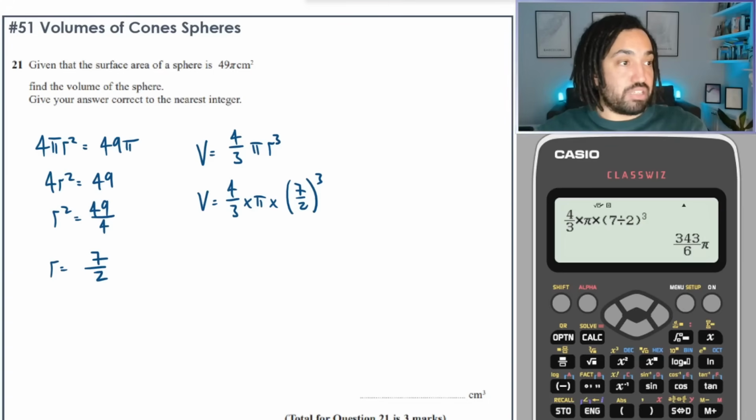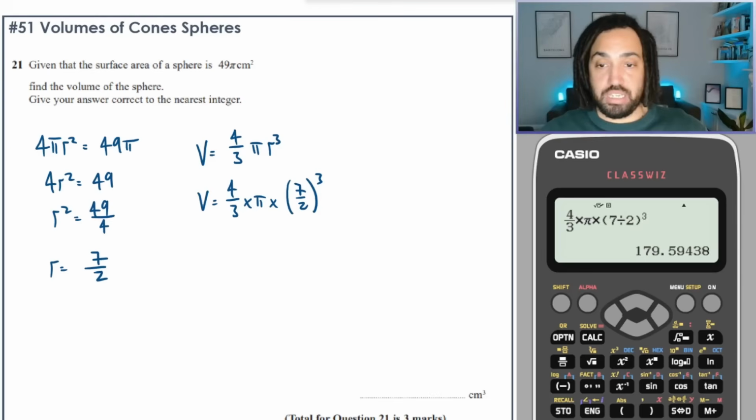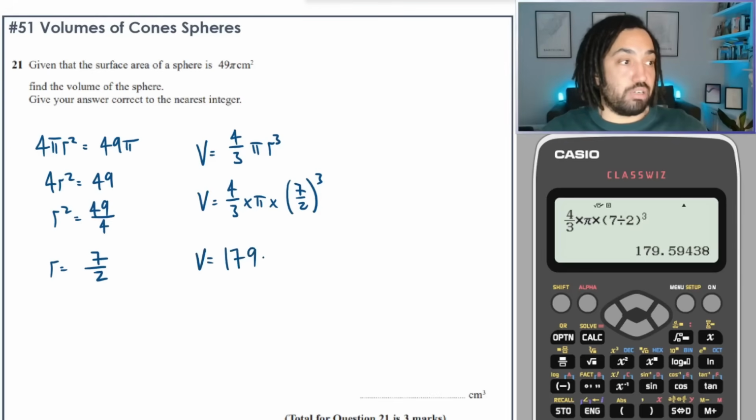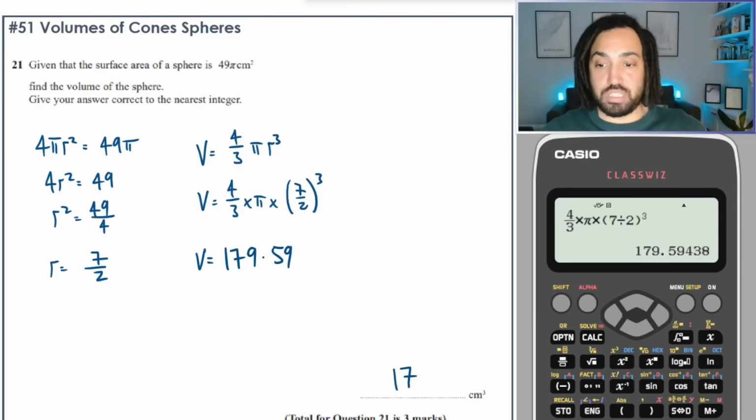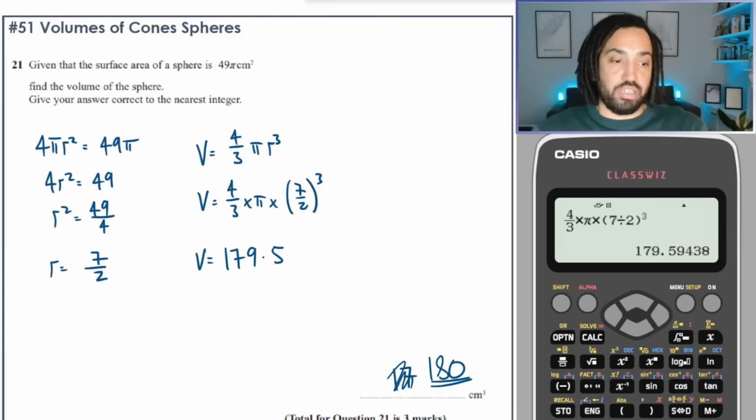And it says the nearest integer, so we need the decimal expansion, which is 179.59. So it's the nearest integer, that is 180.